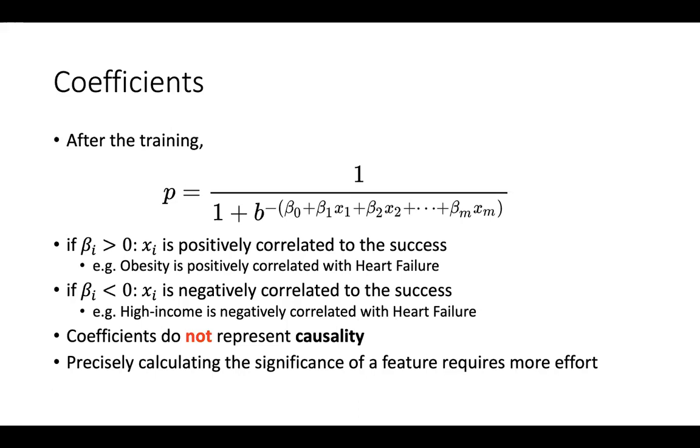It just means that among patients who had heart failure, there were a lot of positive samples that also had obesity as 1, and conversely, among the samples who did not have heart failure, the label y being 0, a lot of samples in that class did not have obesity set to 1. So that's simply it. It doesn't mean that scientifically obesity leads to heart failure.